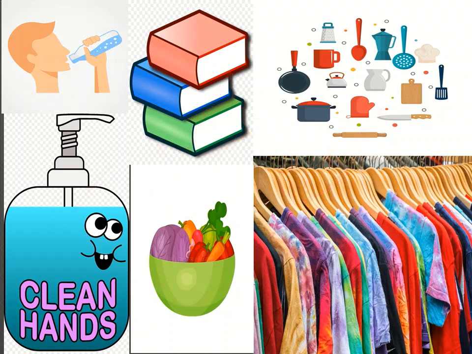In this picture you can see everything has a use, utility. Water has a use, the book has a use, the utensil has a use, the hand wash has a use, the vegetable has a use, the clothes have a use. Now, how does this relate to resource?